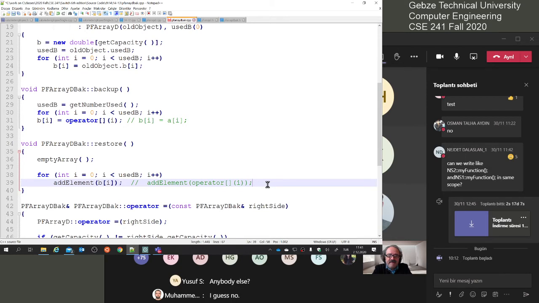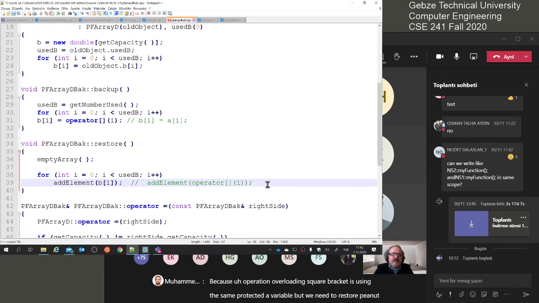Why not? Because the operator overloading of square bracket is using the same protected variable. But we need to restore. We need to assign it. Yeah, so the index operator is using A, right? Not B. We need to get from backup space to the regular space.